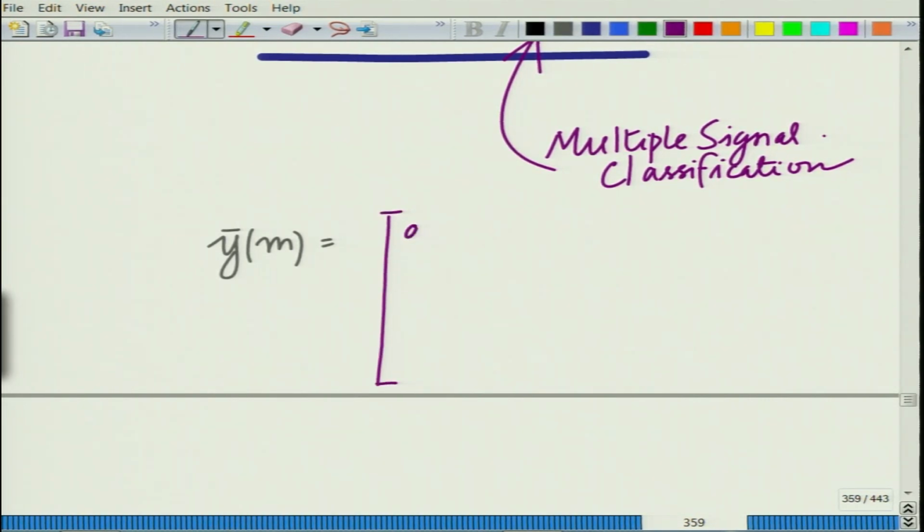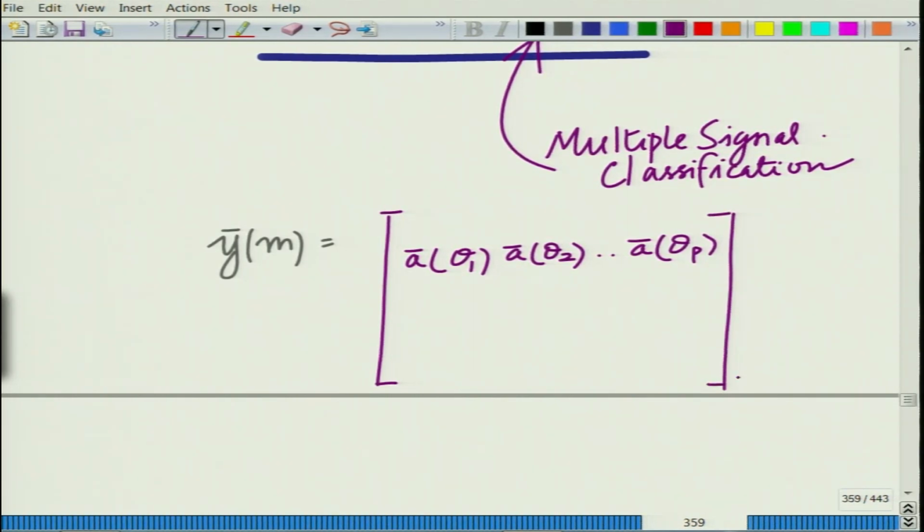That is, you have your a bar theta 1, a bar theta 2, a bar theta p times x bar m plus your noise vector.